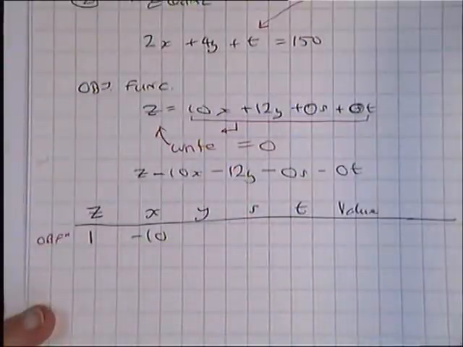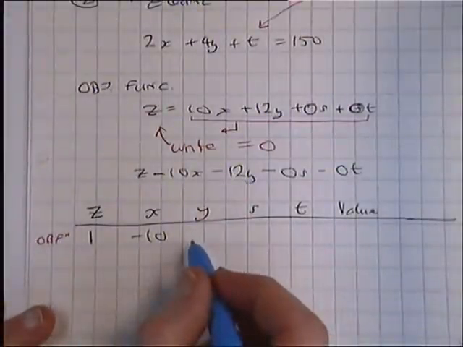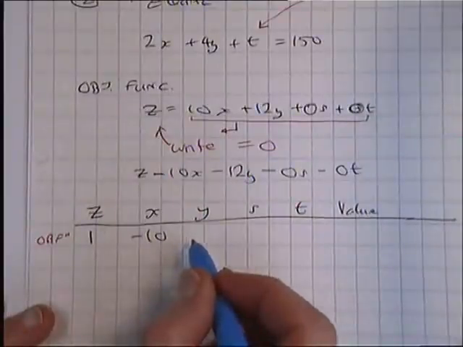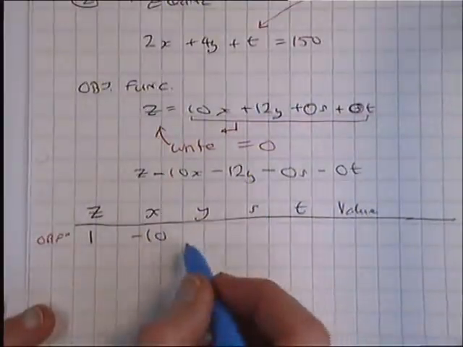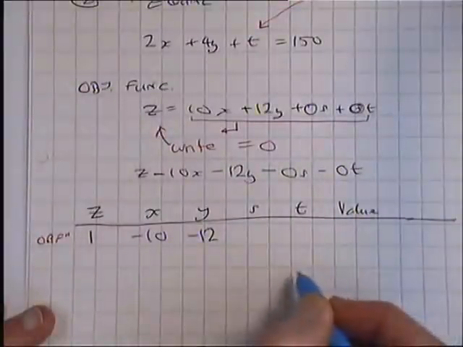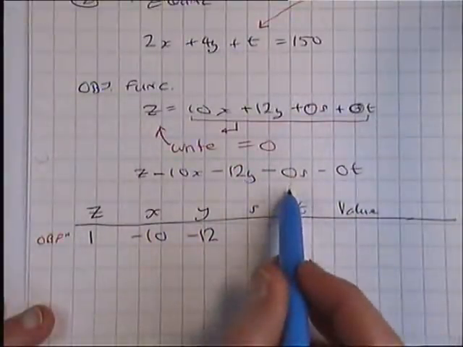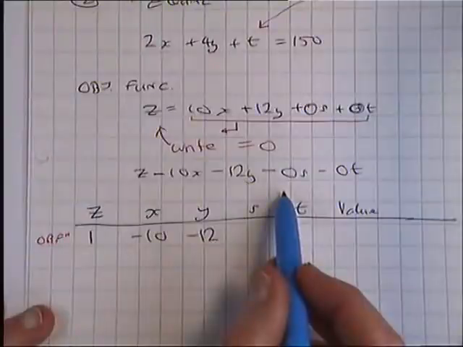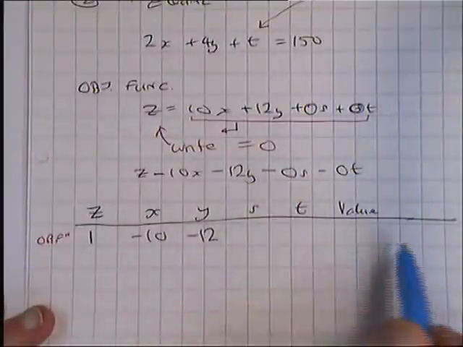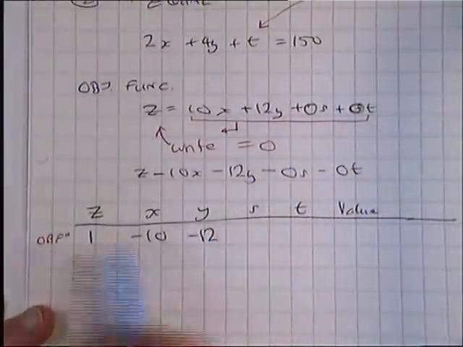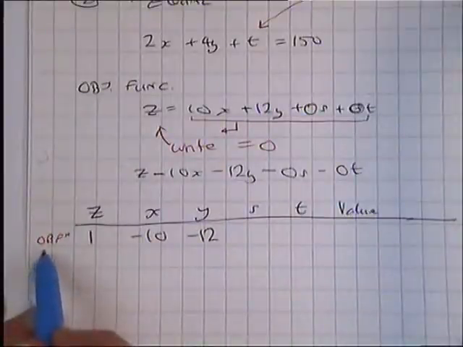What do you think the next number in this table is? Anybody? Yeah. -12. Yep. How many s's are here? What does that say next to the column that we're doing at the moment? Here. No, like what's the name of the row that we're doing? I'll just label that. It's for the objective function.